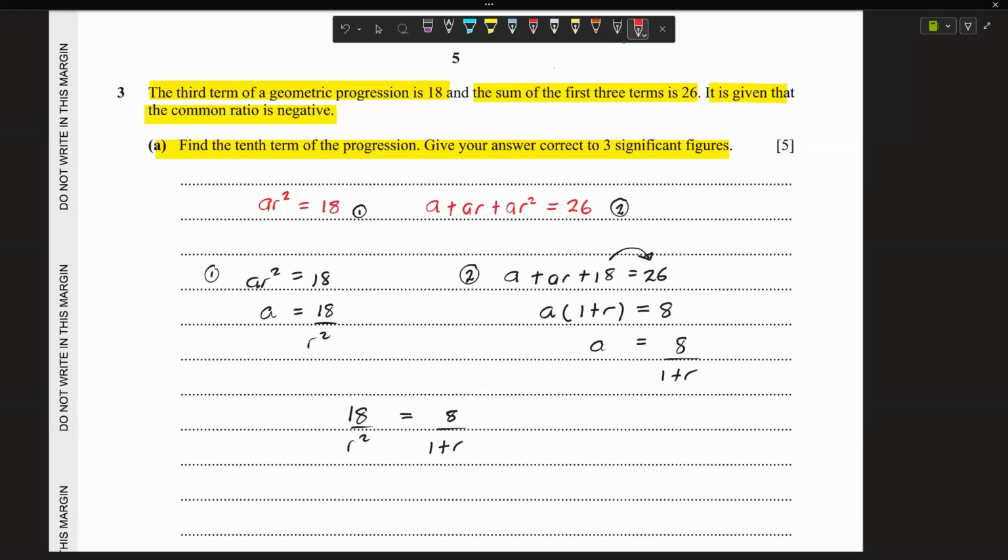And we can cross multiply and try to come up with an equation in terms of R. So if we cross multiply, that will give us 8R squared is equal to 18 of 1 plus R. Let me just write it as it is.